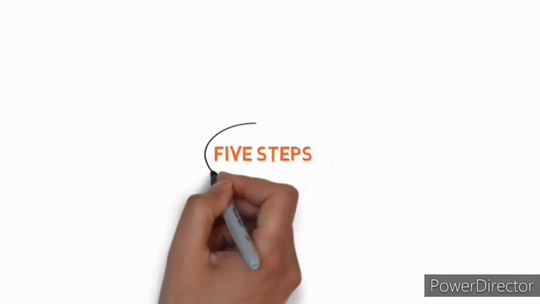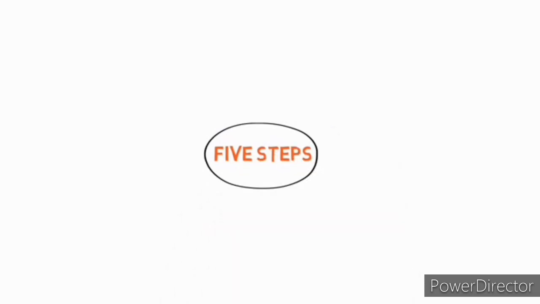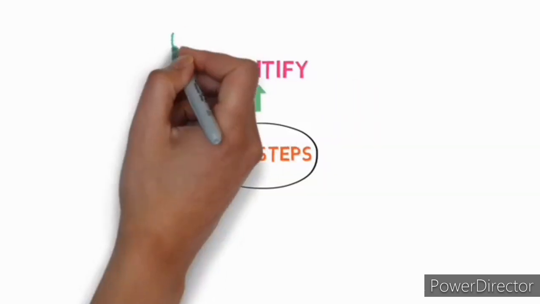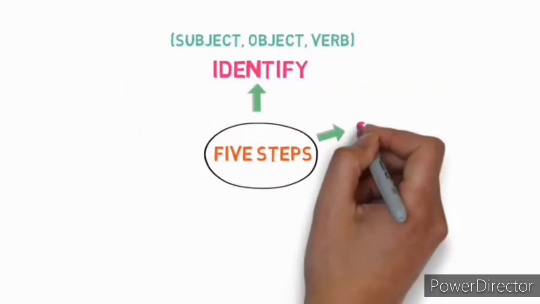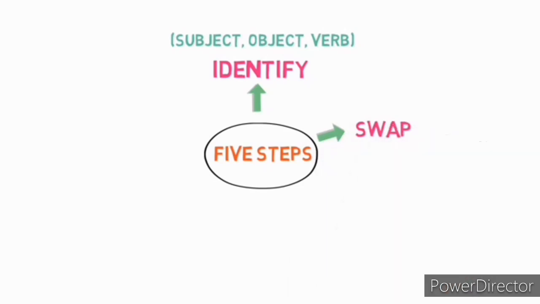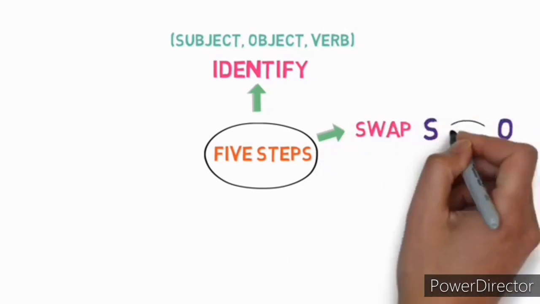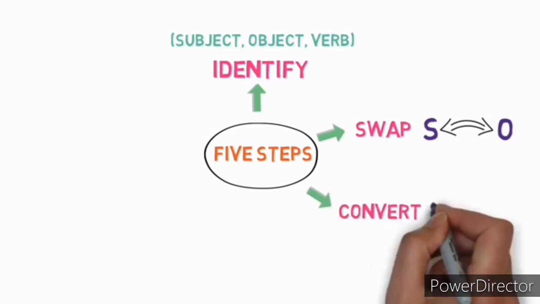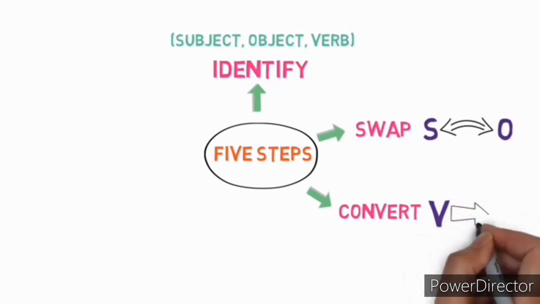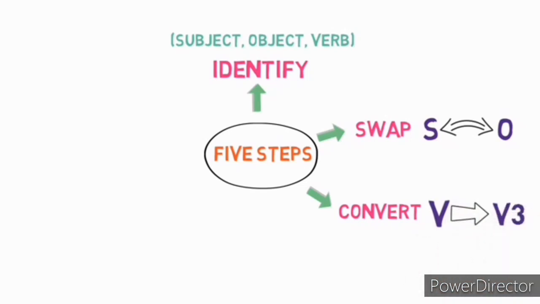Okay. The first step is you have to identify the subject, object and the verb. Second one is swapping. Swap the subject with the object and object with the subject. Third, convert the main verb to past participle form, that is V3 form.